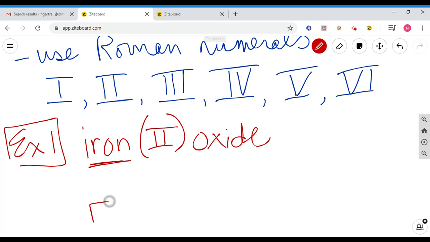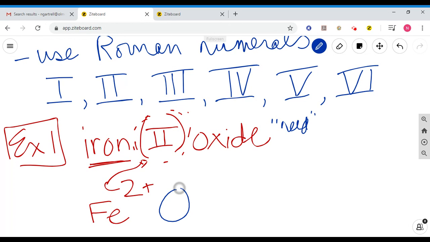Iron is Fe, and here its Roman numeral is 2. So that's how I got that. Then oxide is still on the what-does-it-need side. Oxide needs 2.